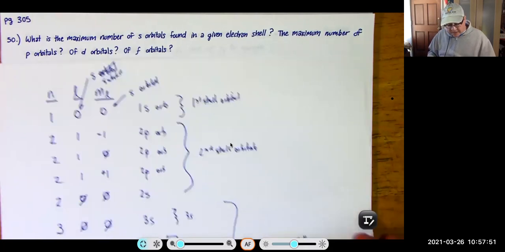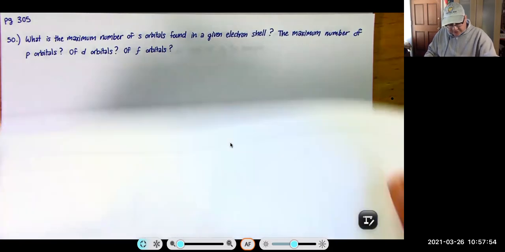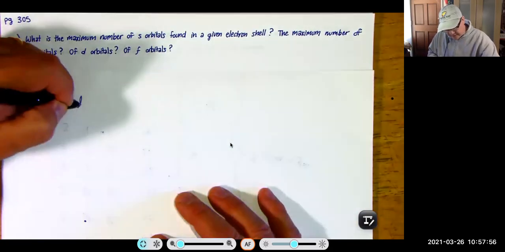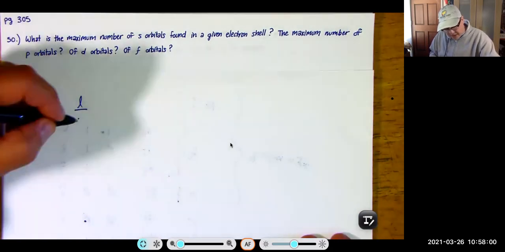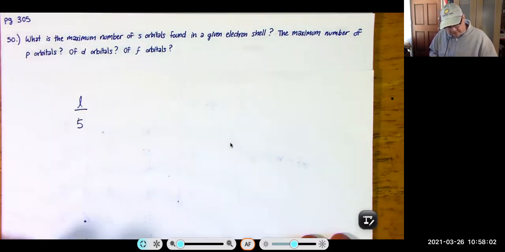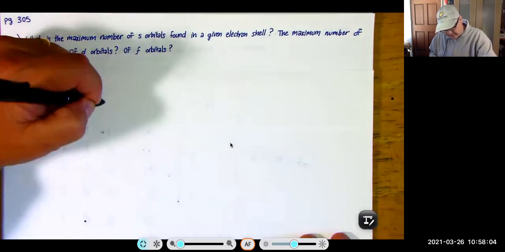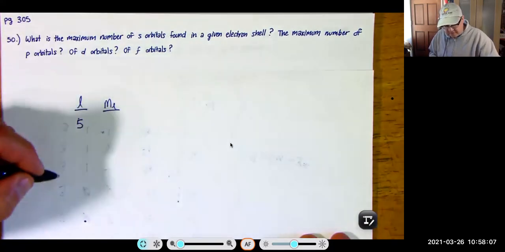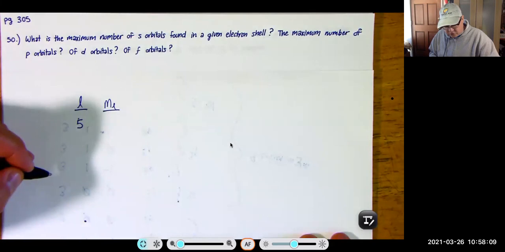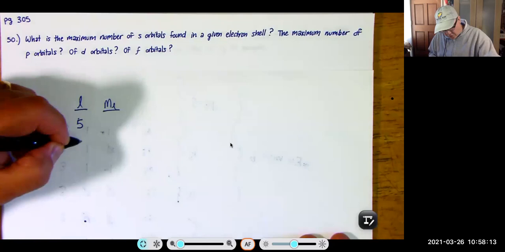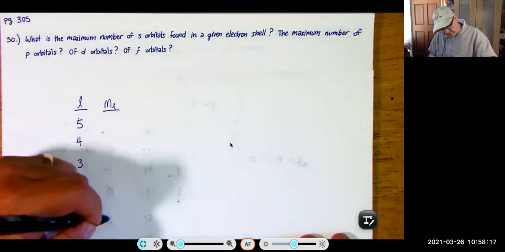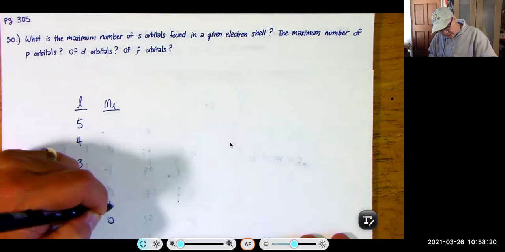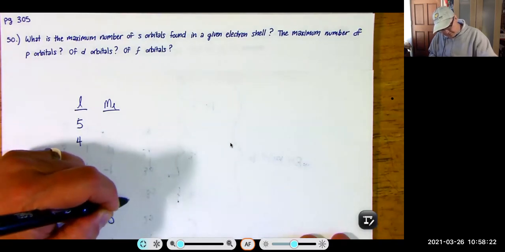And another way to realize this answer is to understand that when you have l equal to, I'm going to go with 5, m sub l, here I'm going to go 4, 3, 2, 1, 0. m sub l can be 0, -1, 0, +1.